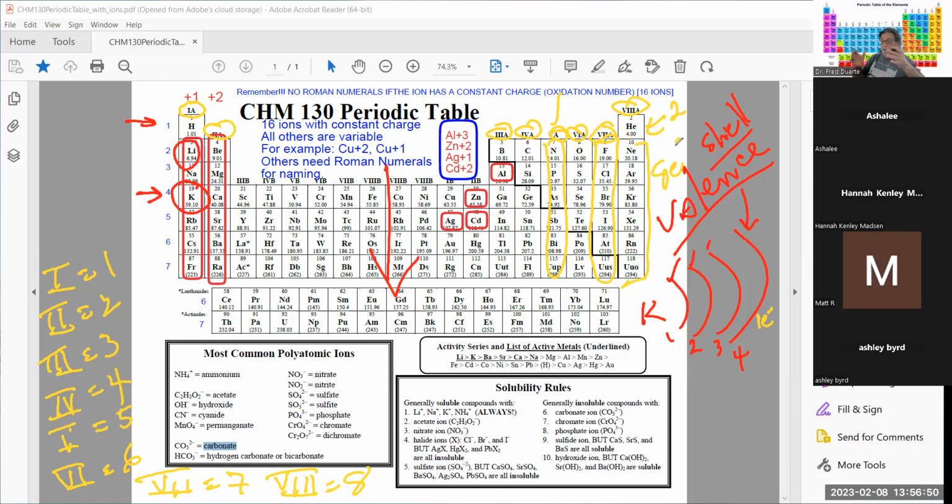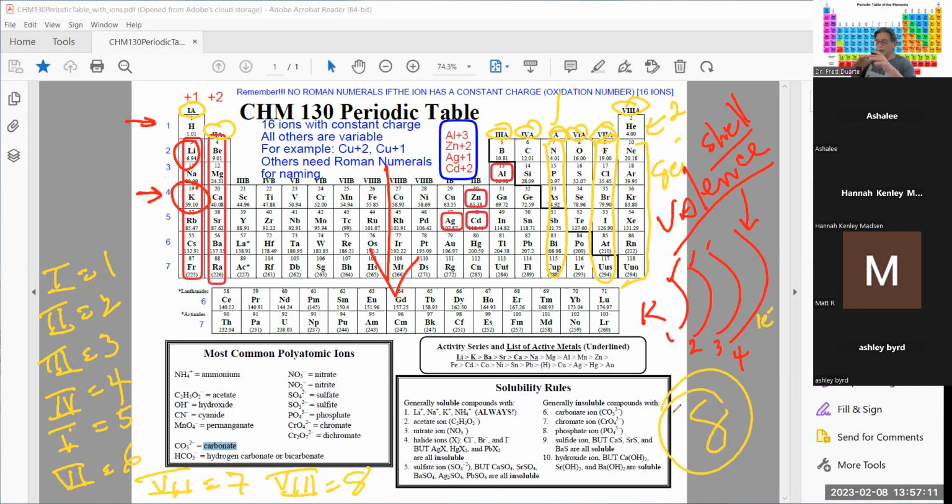The outermost shell is going to vary in diameter because as you go down the periodic table, you get a bigger one. And this is why these gases, these are all gases, what we call noble gases, are considered inert. They don't react. Why? Because that shell is full with that magical 8 number.